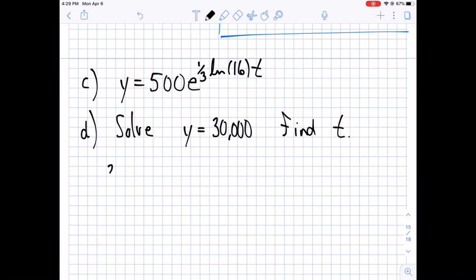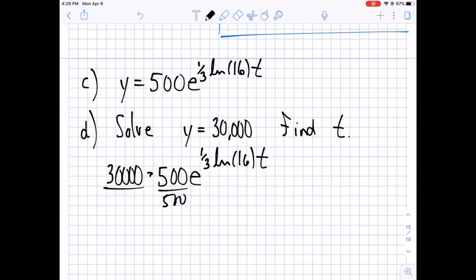We have 30,000 is equal to 500 e to the 1/3 ln of 16 t. And here we divide both sides by 500. So this is gone, and on the left-hand side now we have 30,000 divided by 500. So that's going to leave us with 60.